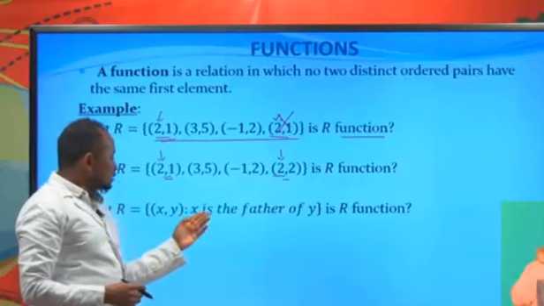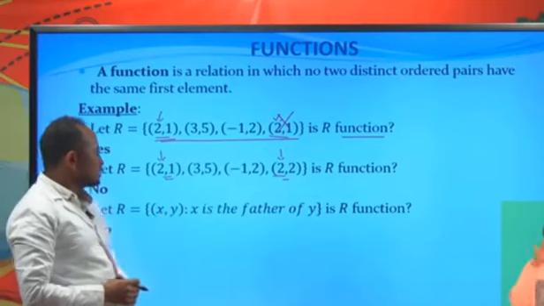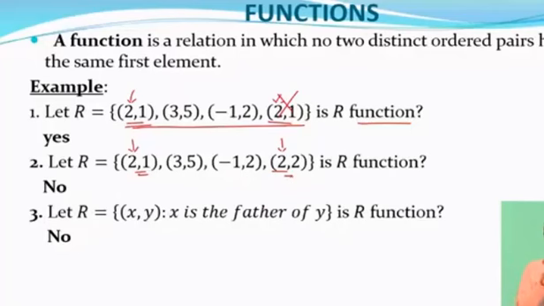Now, let's check this one. Let R be the set of ordered pairs (x, y), such that x is the father of y. Is it a function? To check this one, we have x here and y here. Here, x is the father and y is the child.